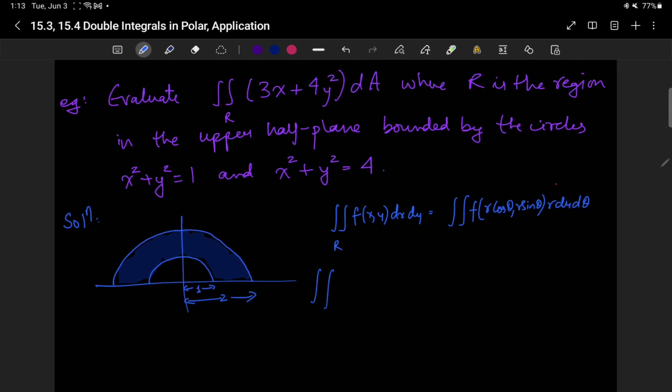So 3x becomes 3r cosine theta, plus 4y squared becomes 4r squared sine squared theta. Oh, sorry, I missed an r here. 3r cosine theta plus 4r squared sine squared theta, and an r dr d theta. Radius goes from 1 to 2, and theta, since it's a half circle, goes from angle 0 to pi.